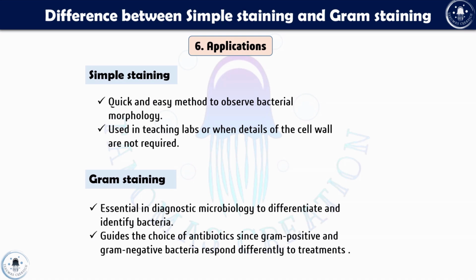First, we need to group them as gram positive and gram negative, which is given by gram staining. So gram staining helps us understand the cell wall structure of these bacteria properly. These are the applications that we have for simple staining and gram staining.